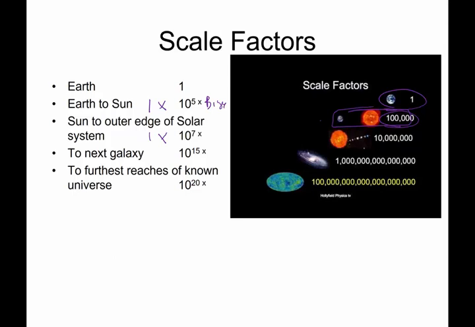The distance to the next galaxy is 1 times 10 to the 15th, much bigger, and the farthest known reaches of the cosmos is 1 times 10 to the 20th. So it's massive, nutty big, how big things actually are in space.